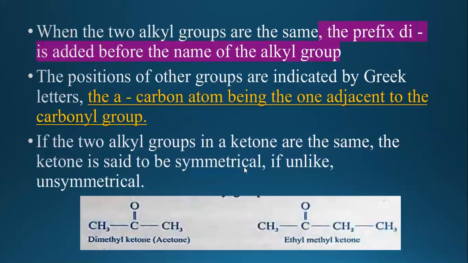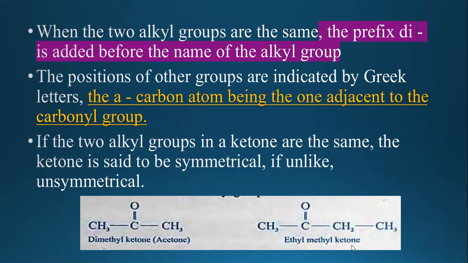If the two alkyl groups in a ketone are the same, then the ketone is said to be symmetrical. Like this ketone, for example, this carbonyl group has the same alkyl group on its left side and right side, that is one carbon, and from this side it also contains one carbon. So this compound is a symmetrical ketone.